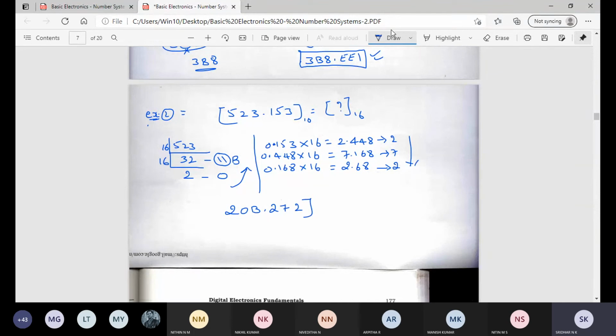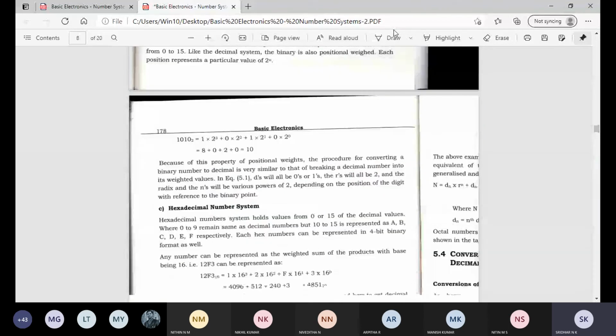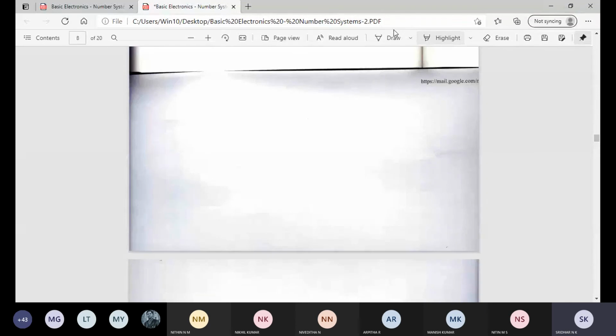I think we have completed 6 conversions. So far we have seen 6 types of conversions.